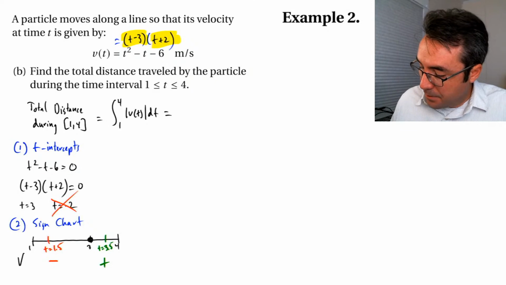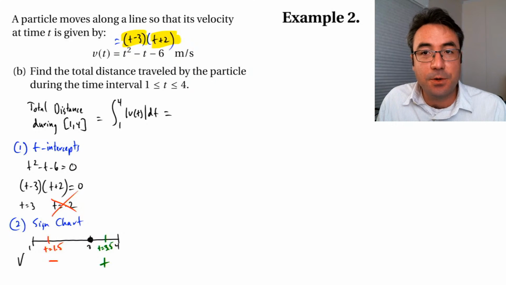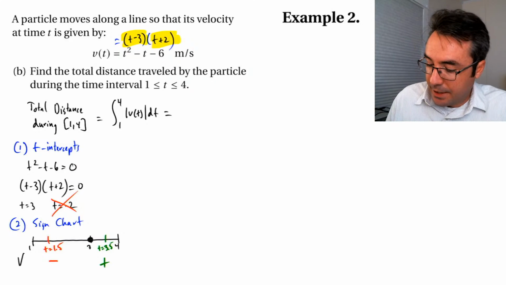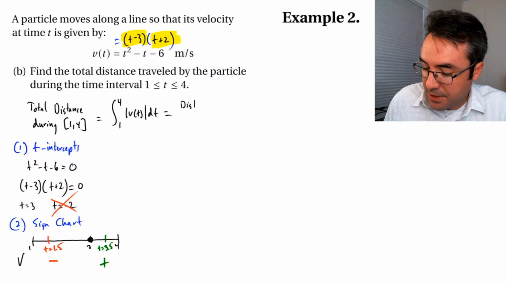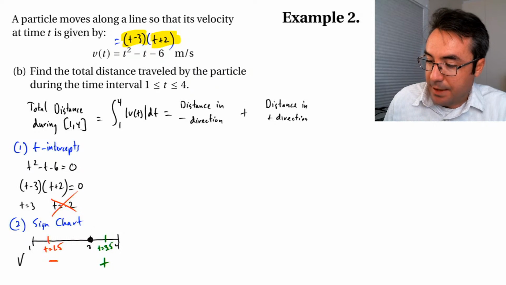And so in order to calculate this total distance, we're going to calculate the distance that we travel in the negative direction, calculate the distance that we travel in the positive direction, and we're just going to add those two together.